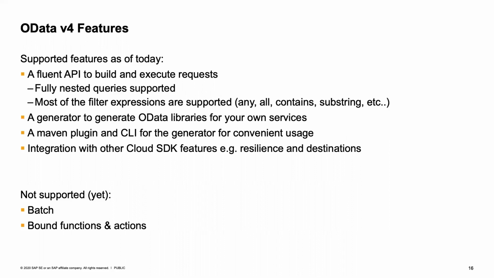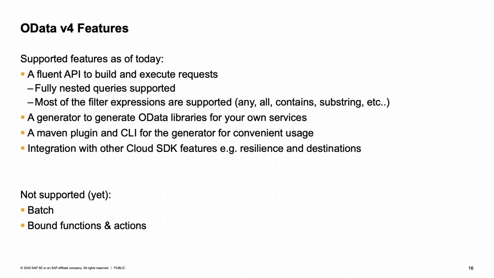Okay, so to sum it up, what is supported as of today? You saw already we have support for quite some of the OData v4 features built in, including fully nested queries on navigational properties, but also a lot of filter expressions that are new. So you can get started with using that today.